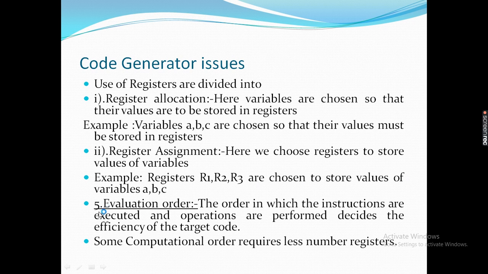Fifth issue, evaluation order. So what is evaluation order? The order in which the instructions are executed and the operations are performed decides the efficiency of the target code. Instructions may be executed in sequential order or whatever order.